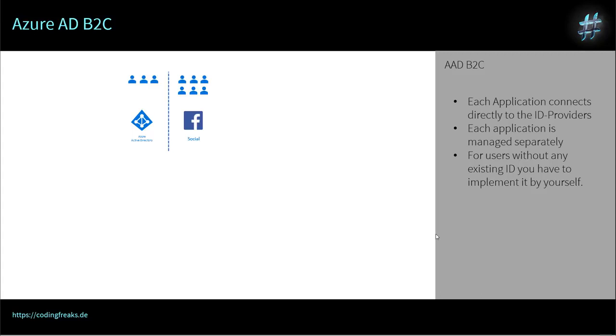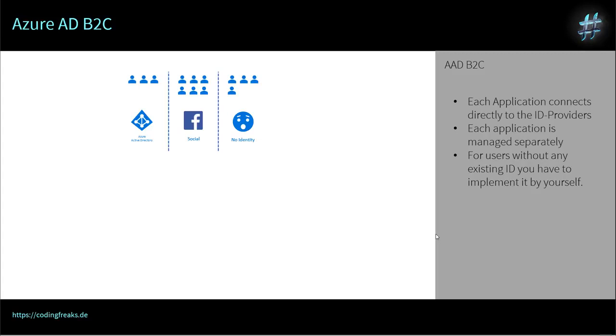Let's say you have a lot of users who are your customers, not your colleagues. They might have social accounts like Facebook, or they don't have anything. They don't own an identity you can use, so they're just a bunch of people trying to consume something you wrote, let's say a web app.